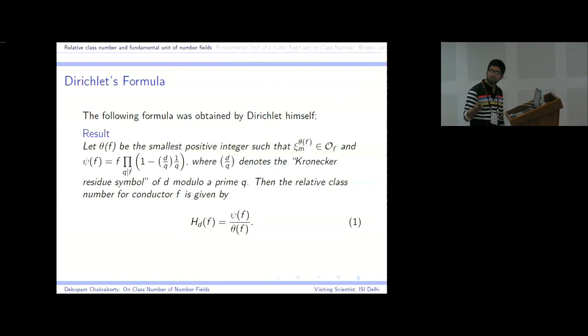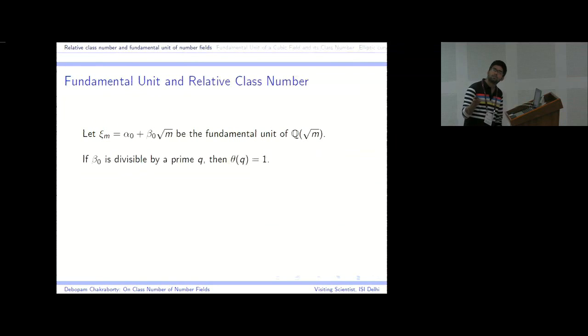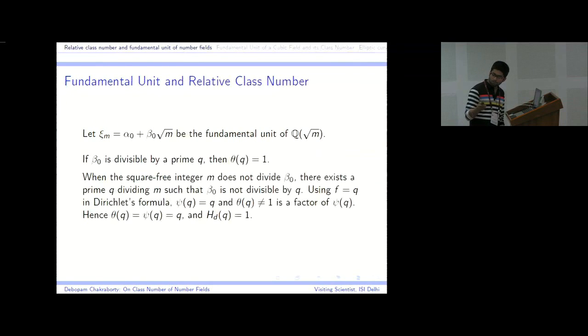Here, the first one I already said. So if there is a square free integer m that does not divide this beta naught, then because m is square free, you can find a prime q such that it divides m but does not divide beta naught. So what will happen is that psi q is q, but theta q will not be 1.